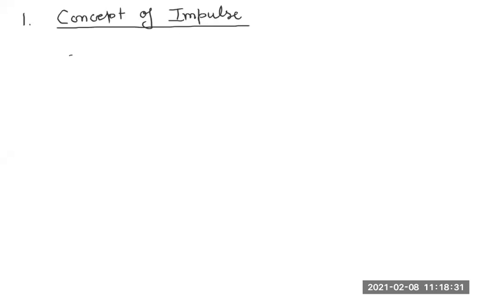So first of all, it is a vector quantity. It is a vector quantity. And the symbol that we will use is J. Okay.